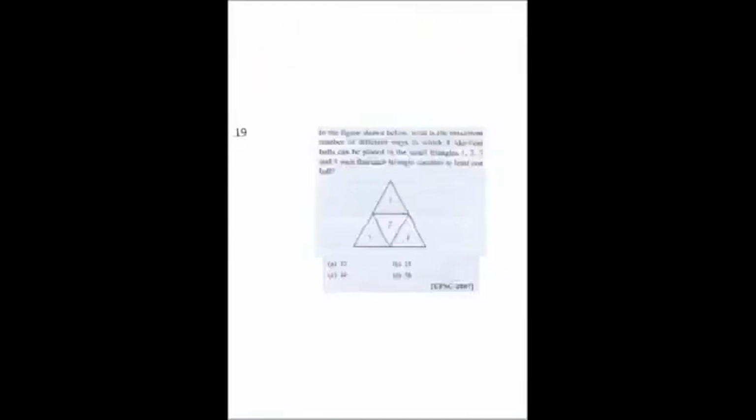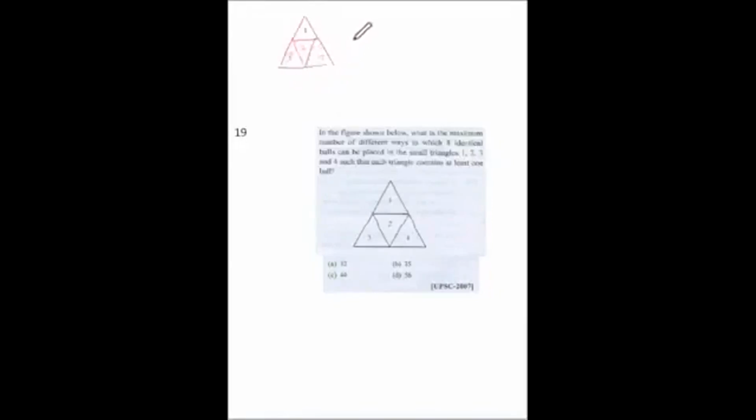In the figure shown below, what is the maximum number of different ways in which 8 identical balls can be placed in the small triangles 1, 2, 3 and 4, such that each triangle contains at least one ball? Because 8 balls are there, we have to put them in these boxes 1, 2, 3, 4.